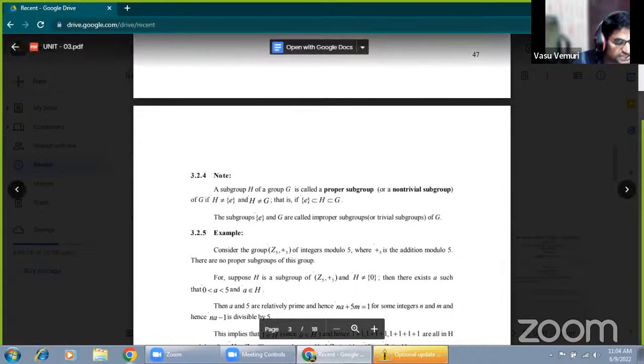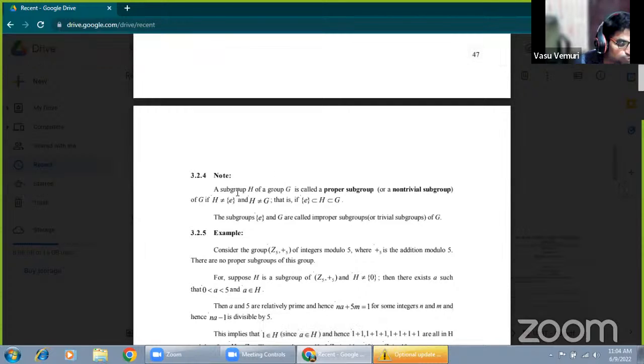Okay. Now, you have to say there are proper subgroups and improper subgroups. Let G be a group and H be a subgroup. H equals G, or H equals the identity, that is an improper or trivial subgroup. Now when the subgroup contains an element not equal to the identity, that is a proper subgroup.